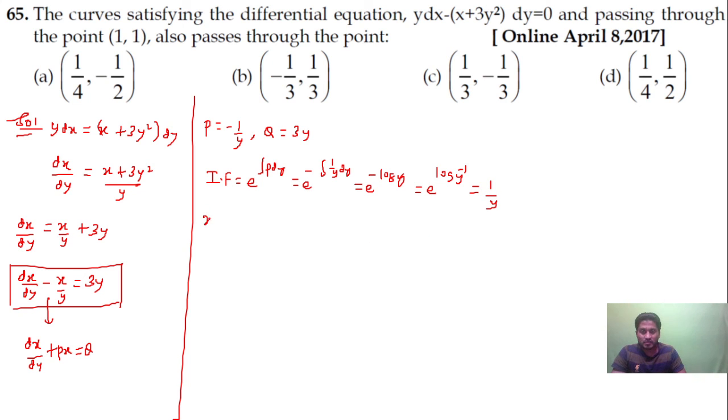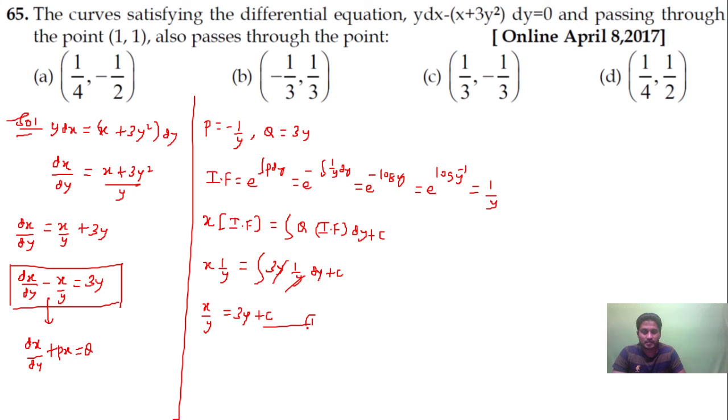So the solution is x into IF is equal to integral q into IF dy plus c. So x into 1 by y is equal to integral of q into IF. q is equal to 3y, IF is equal to 1 by y, and then dy plus c. Cancel this 3 and 3. x upon y is equal to 3y plus c.